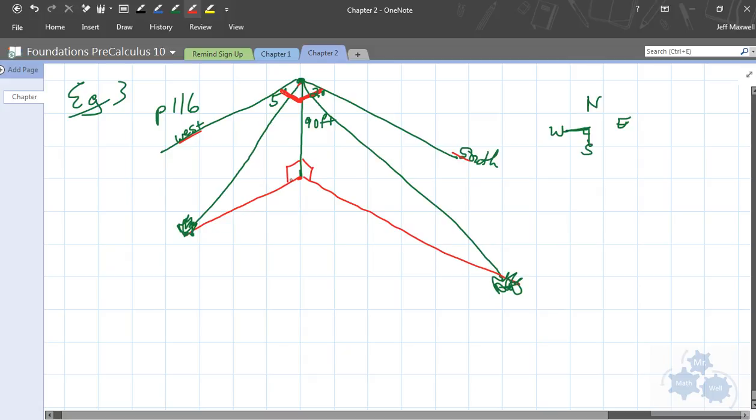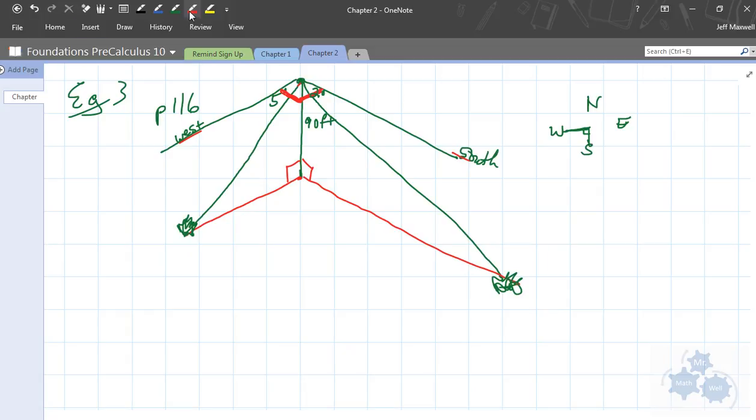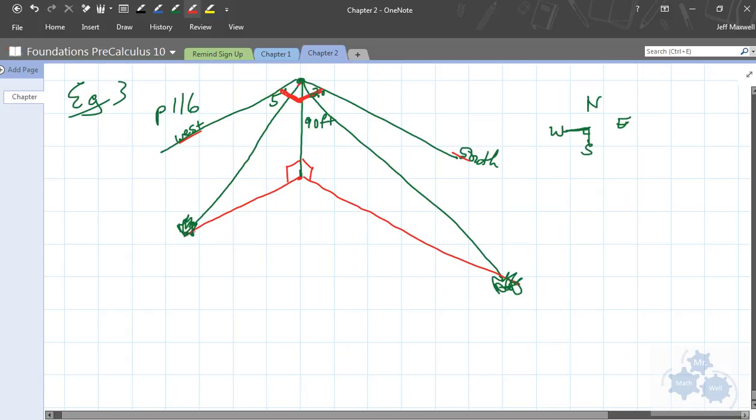So from this diagram here now, it says how far apart are the fires to the nearest foot? How far apart are the fires? So, similar to the question I started off with, but this is now a little bit more complicated because we're dealing in a three-dimensional diagram here. So we're looking for this distance right here. Let's call it D, distance. Okay? So D is unknown.